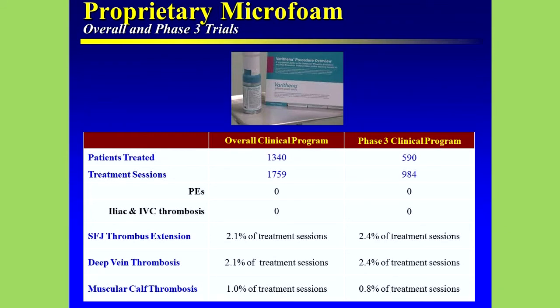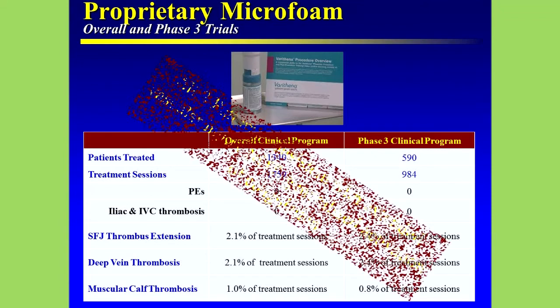This shows the thrombotic outcome of all of the Varithena trials, including almost 2,000 patients and about 2,500 treatment sessions. You can see the incidence of SFJ thrombus extension is about 2% in all of these trials.